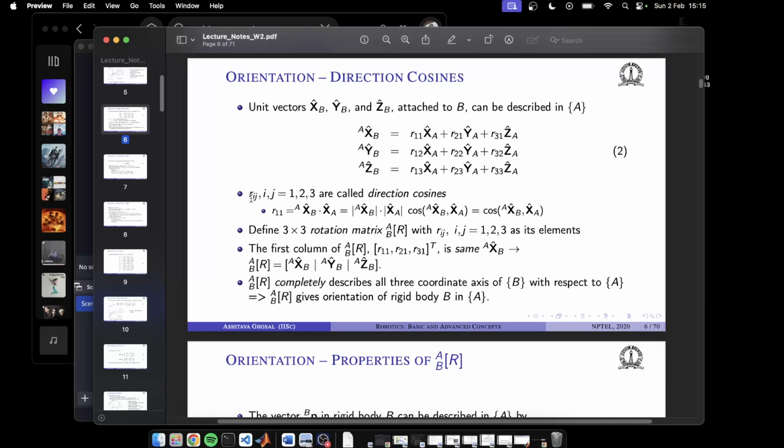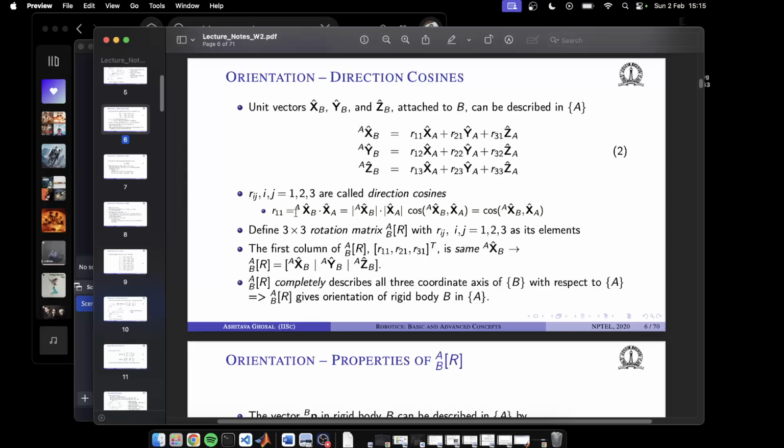Now, these numbers that we have written before these unit vectors, this Rij, they are called direction cosines. Why direction cosines? Because they give us the angle that the unit vector, let's say the unit vector of x of frame B, how much angle does it make with the unit vector along x of frame A, right?